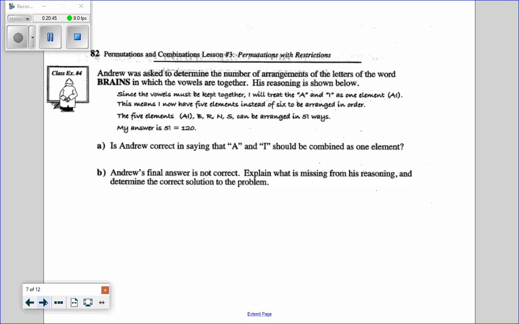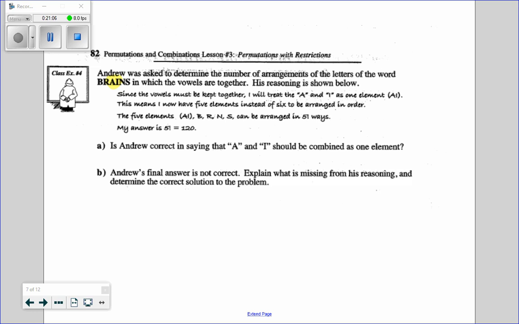Okay. Andrew was asked to determine the number of arrangements of the letters of the word BRAINS in which the vowels are together. Okay, so vowels, remember, are A and I. So A and I have to be kept together in all the arrangements.